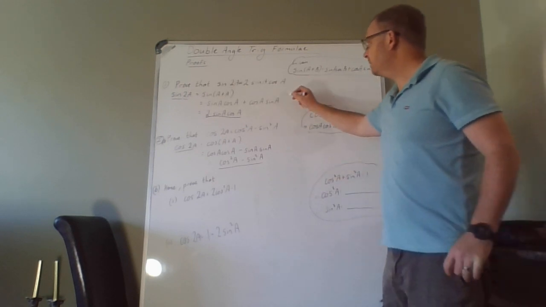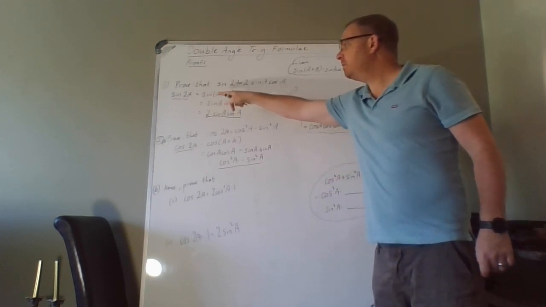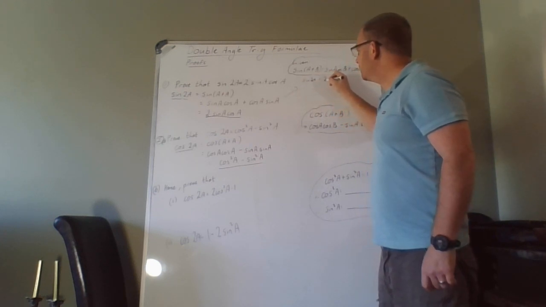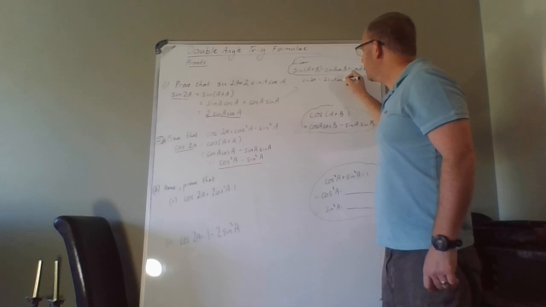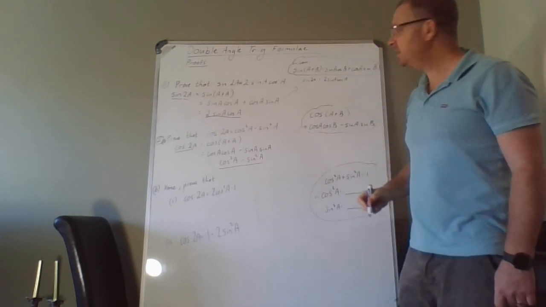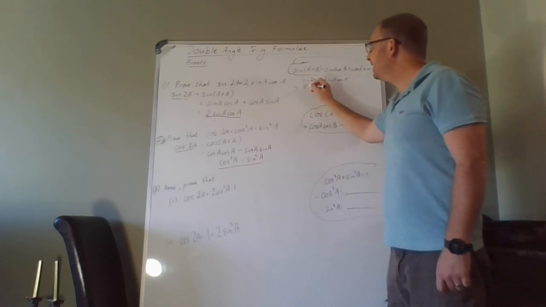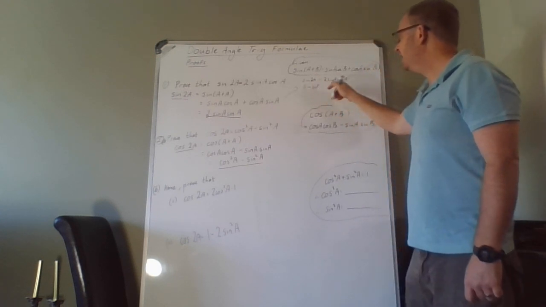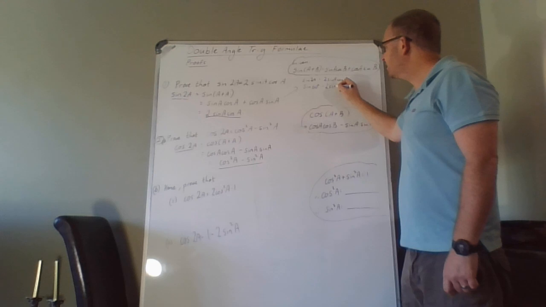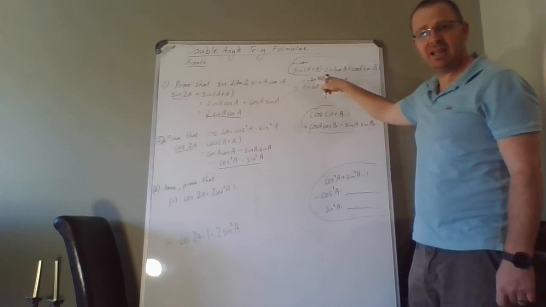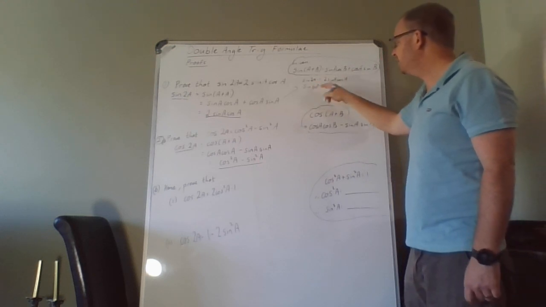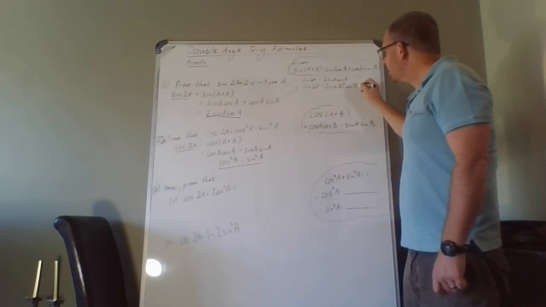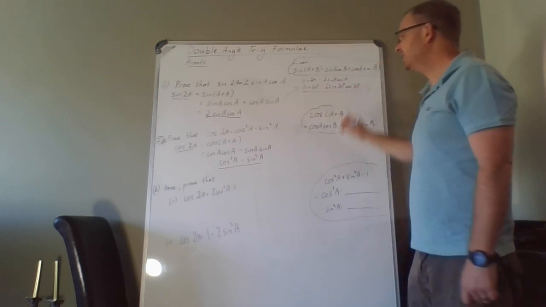Just to mention here quickly, what this formula is saying, the fact that sine 2A is equal to 2 sine A cos A, just a numerical example quickly. Well, it's saying that sine of 60 degrees is 2 sine, or what's the relationship between A and 2A? A is half of that angle. So sine of 60 would be 2 sine 30 cos 30. We could write it like that.